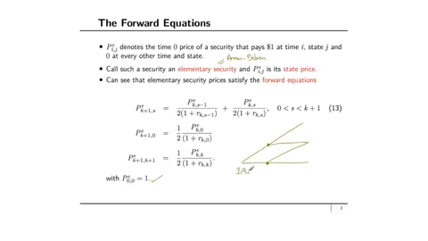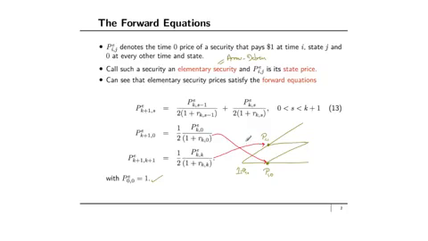I'll ignore the superscript e just to avoid cluttering the slide. The value we want here is P_10, and the value we want up here is P_11. Well, if you look at these, we can see how to get them. We can get P_10 from this equation, and we can get P_11 from this equation.